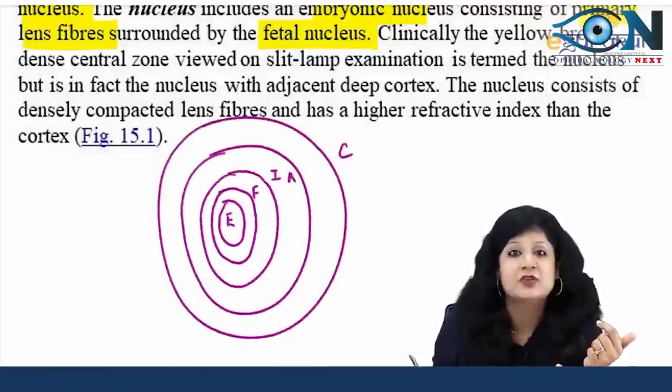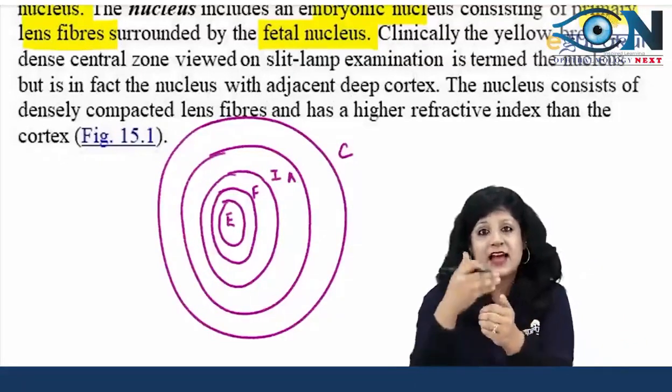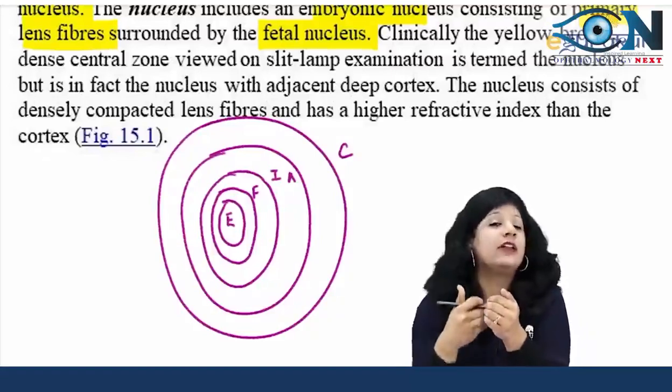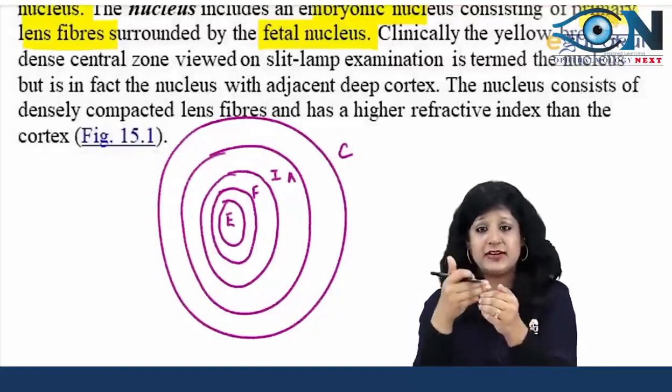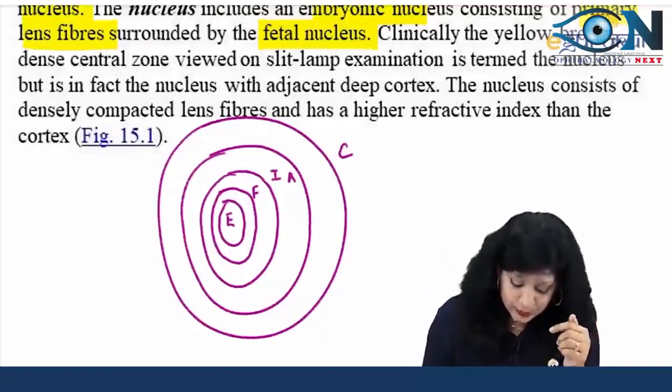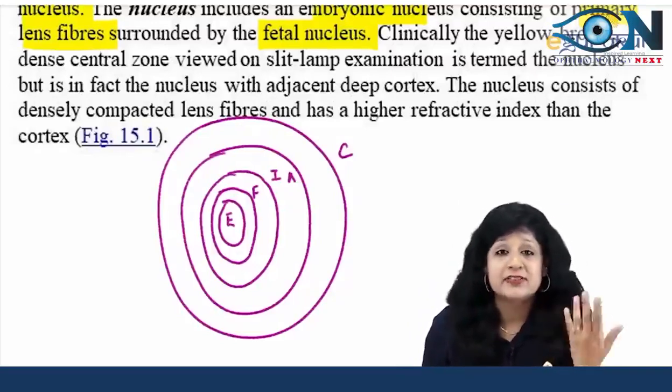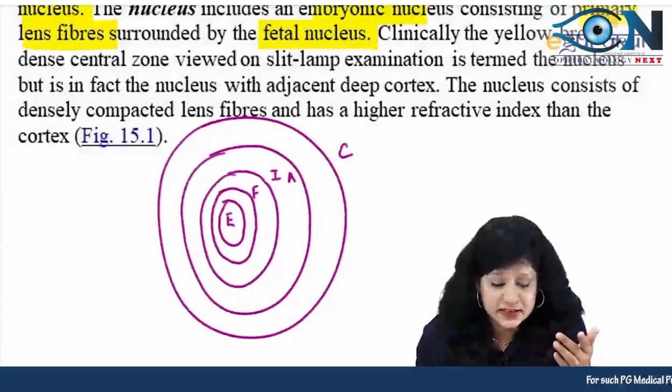I always say it is an onion-like pattern or arrangement because it consists of concentric layers. So the innermost is embryonic, then the fetal, then the infantile, and then the adult.